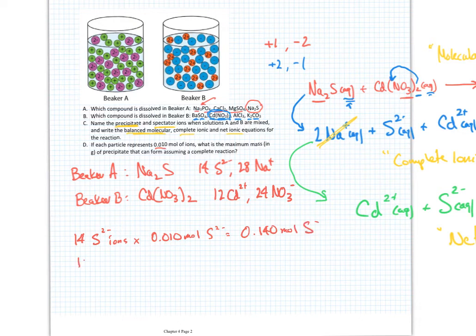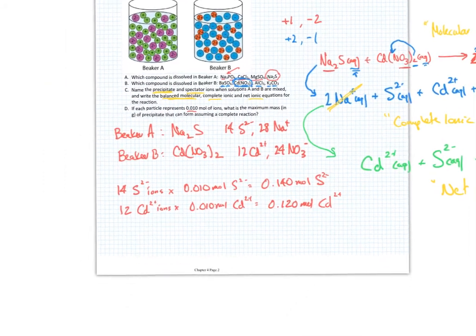Likewise, in beaker B, we have 12 cadmium ions times 0.010 moles cadmium. So that's going to be equal to 0.120 moles of cadmium 2+. Okay, so those are our concentrations. Again, we could double these concentrations. That would give us the sodium ions and the nitrate ion concentrations.